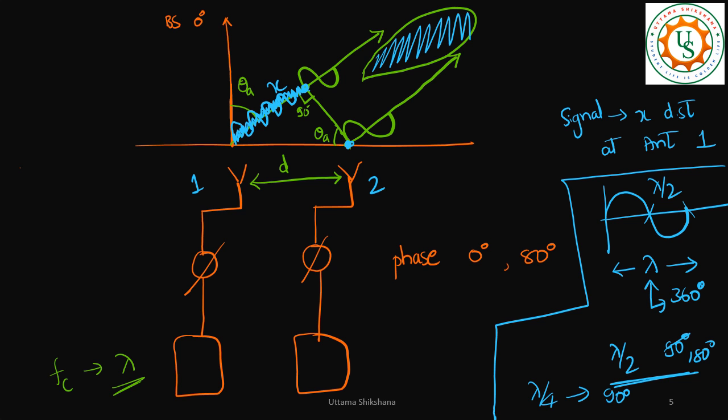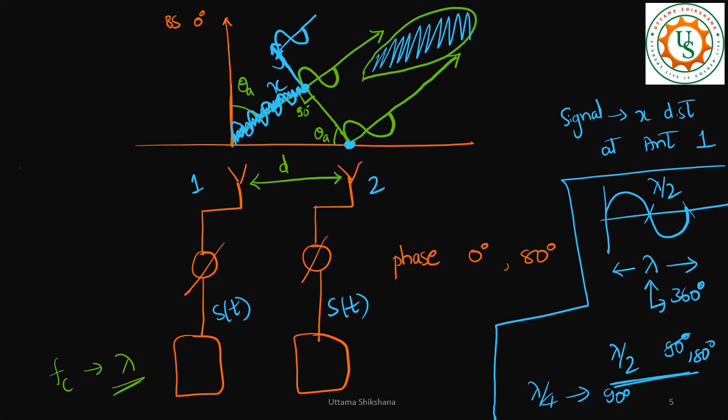By the time it reaches this point, the signal should complete its cycle, so that from here onwards it is starting a fresh cycle whose phase is equal to the phase of the signal at antenna number 2. Right now, across both of these antennas, I am considering the same data, s of t. That is another point.